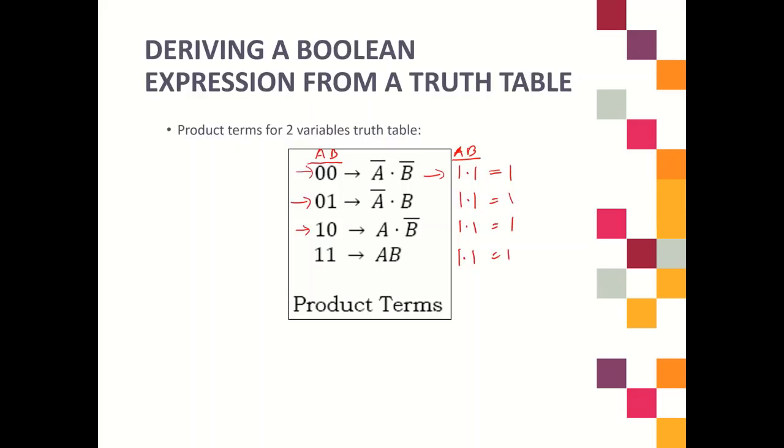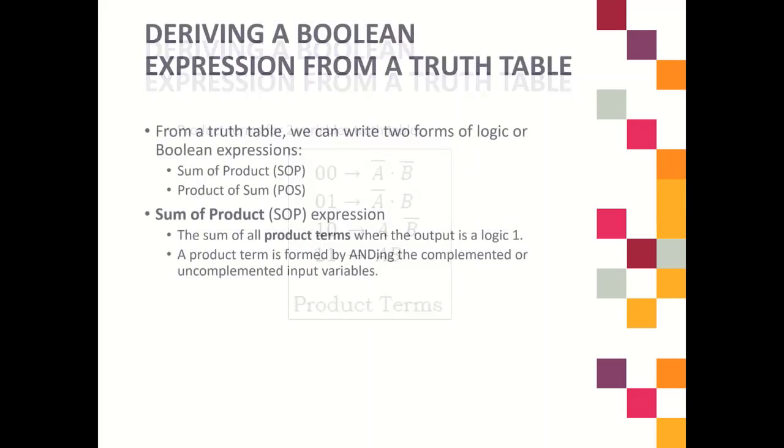This is the product term for two variables. First, before you derive the expression, you need to know the product terms. What are the product terms for that truth table? After that, based on the definition for SOP, you need to sum all the product terms when the output is equal to 1.